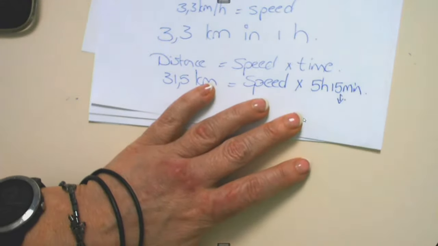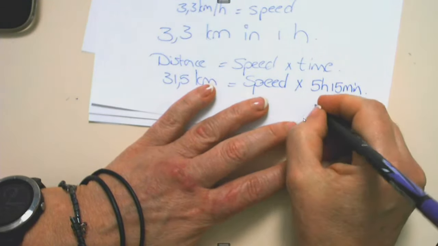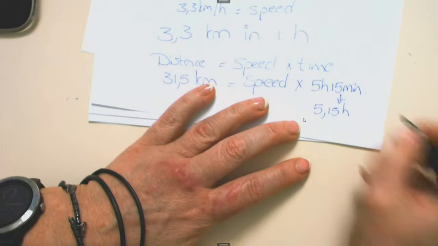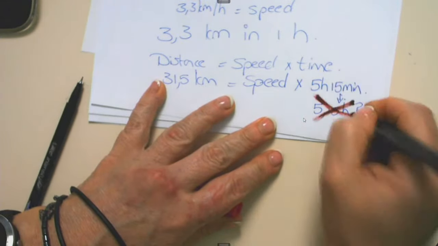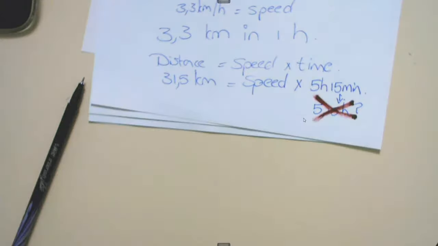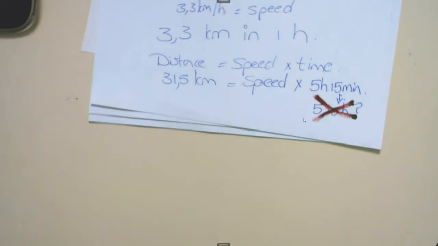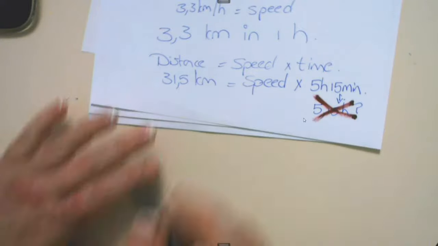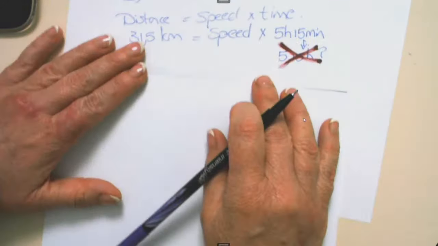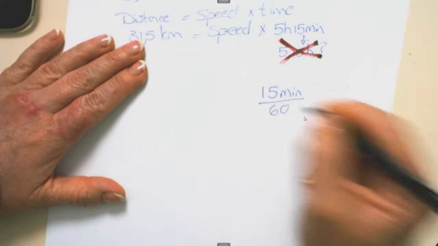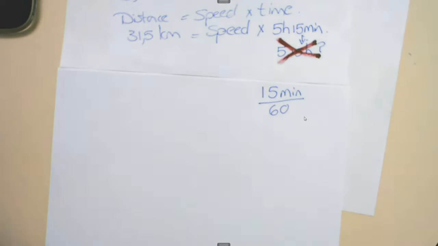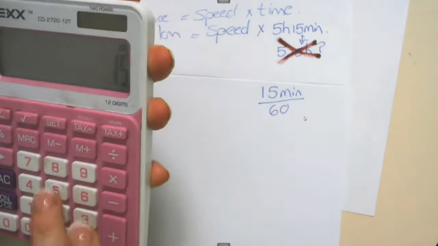Is that 15 minutes 5.15 hours? Grade 12, is it? It is not. If you want to work with 15 minutes, you need to first convert it to hours. How do I convert it to hours? I simply say 15 minutes divided by 60, and 15 divided by 60 gives you 0.25 hours.